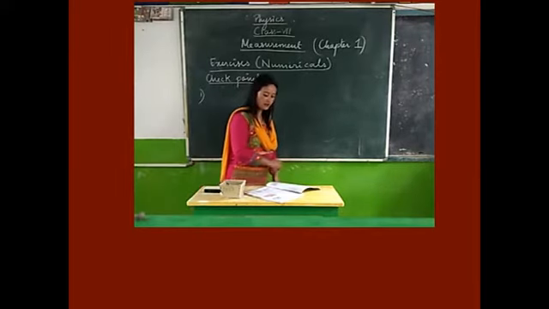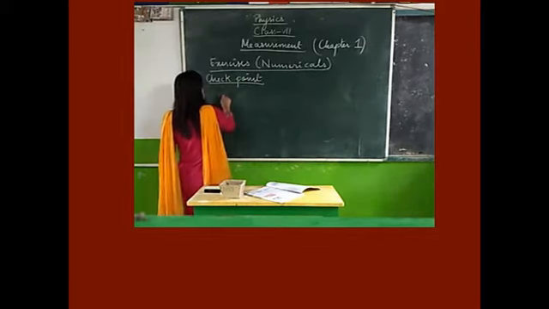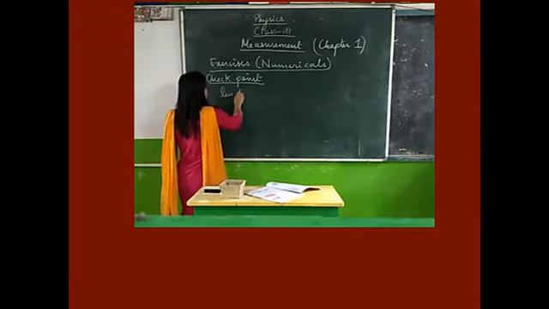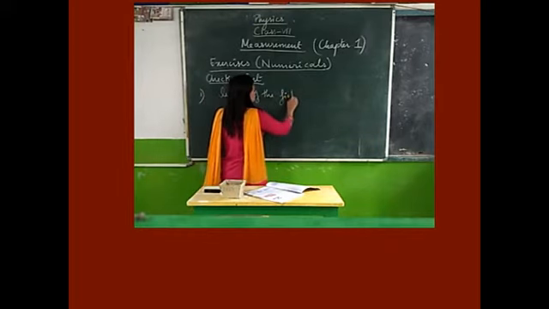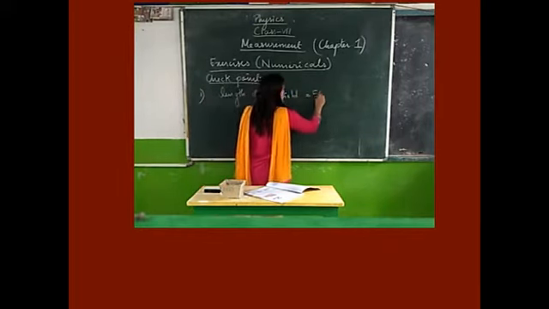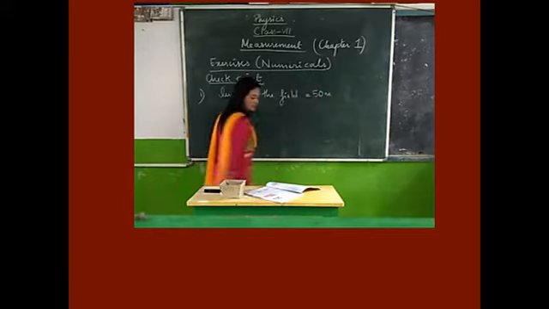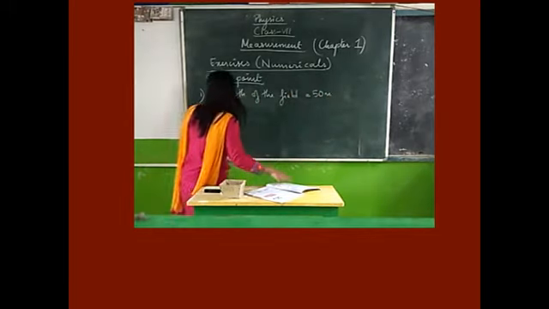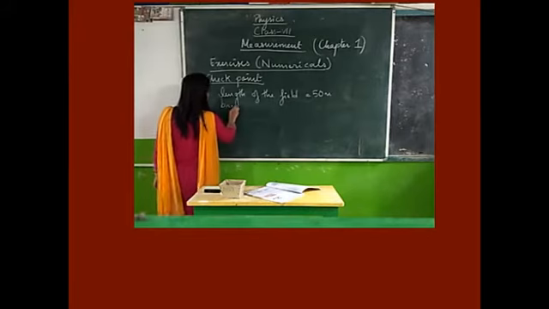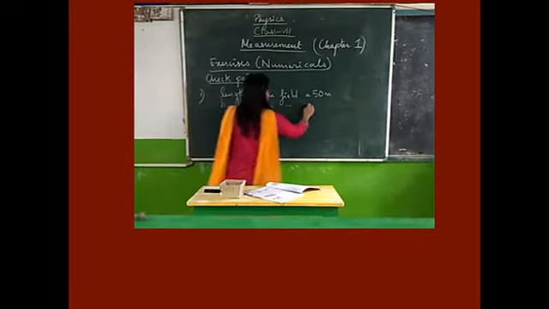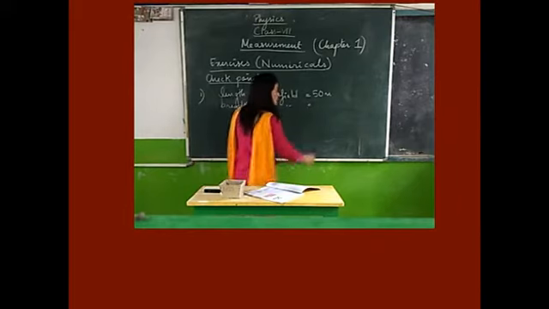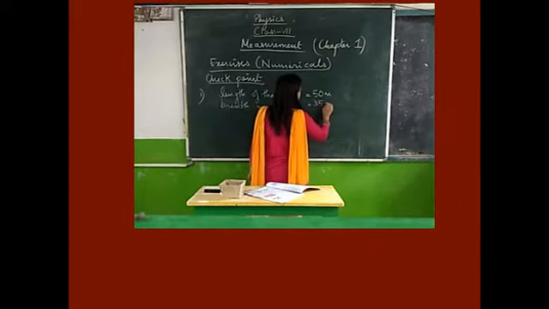What does it say? The length of a rectangular field is given. Length of the field is given as 50 meter. Your breadth of the field is 35 meter.